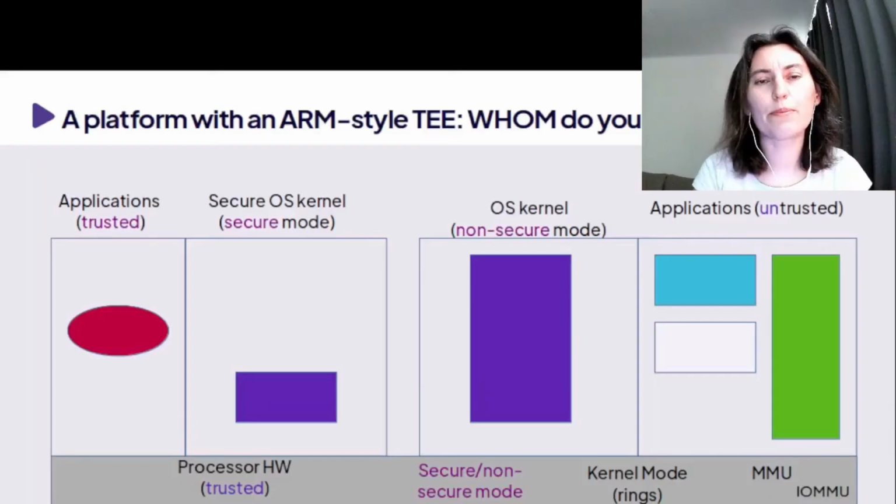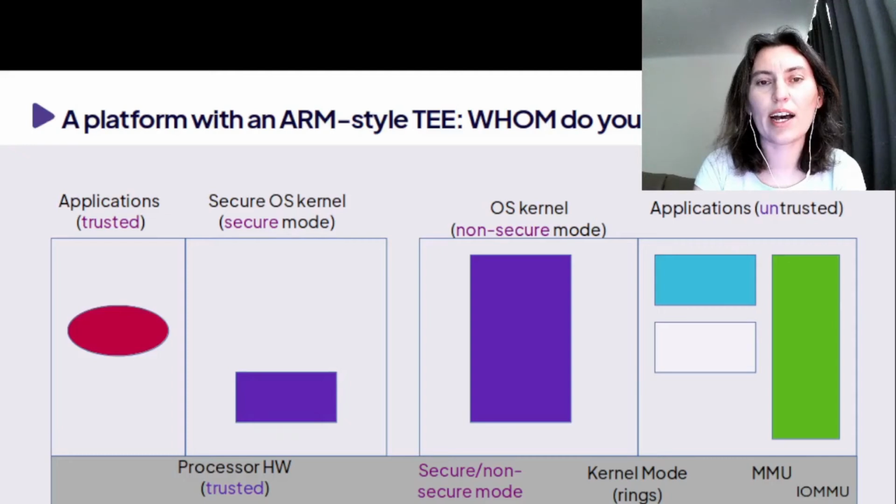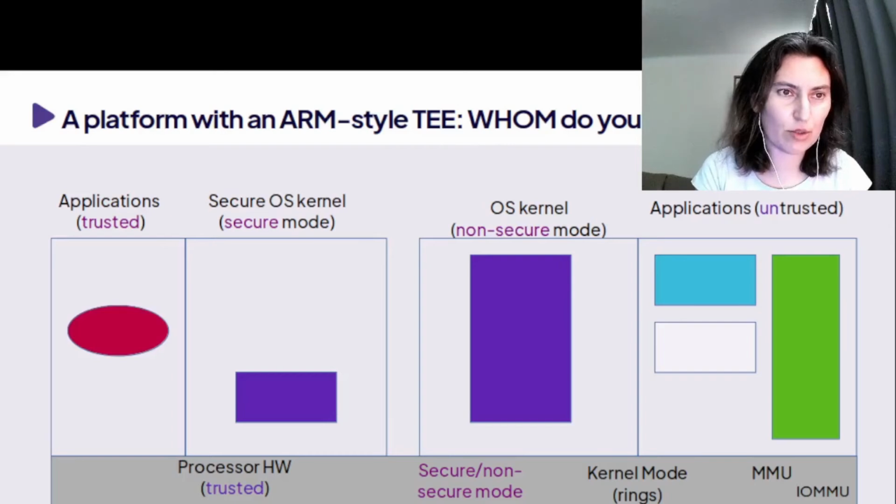Now, how our diagram looks in the case of an ARM style TEE. On the right hand side, we have the non-secure mode, which is basically what you know from the generic system. And on the left hand side, you have a duplication of that called secure mode.